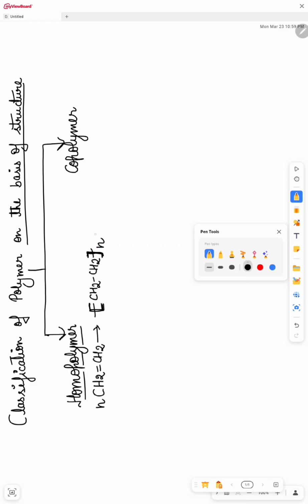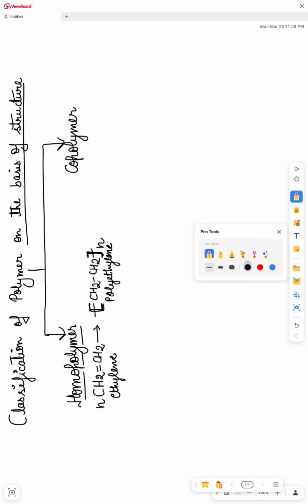So n number of monomers. Here the monomer is ethylene, but here it forms polyethylene. So this is homopolymerization; we can say this process is the homopolymerization.